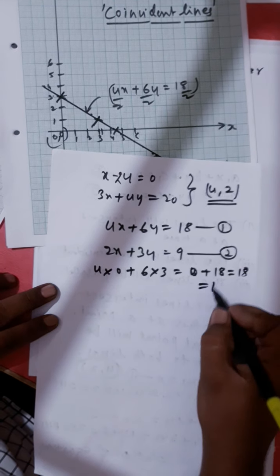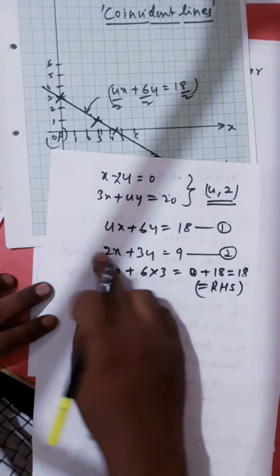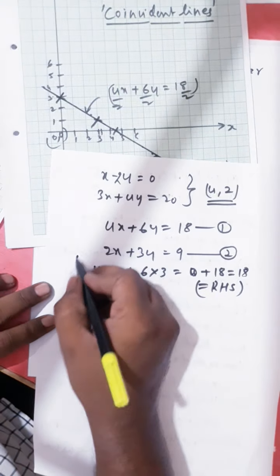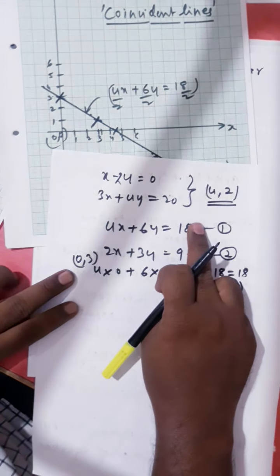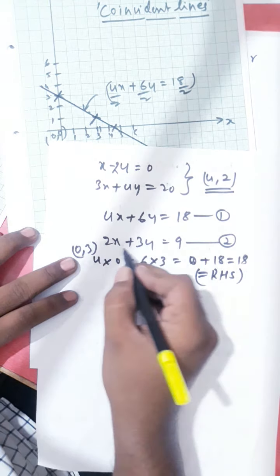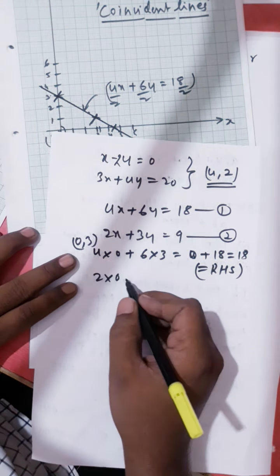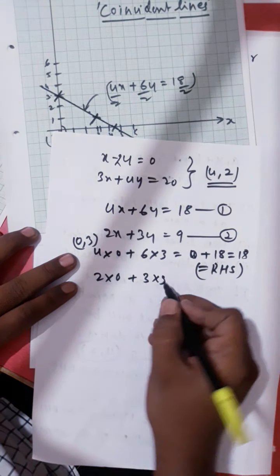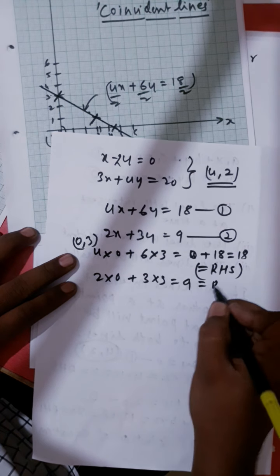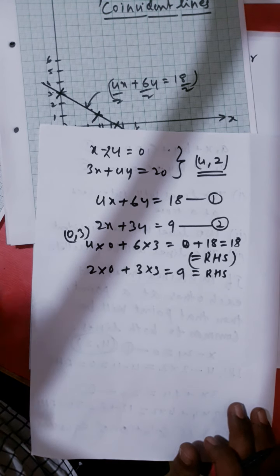This is RHS. That means the point 0 comma 3 is satisfying this equation. Then for the other equation, 2 into 0 plus 3 into 3 is equal to 9, again it is RHS. That means it is satisfying the second equation also.